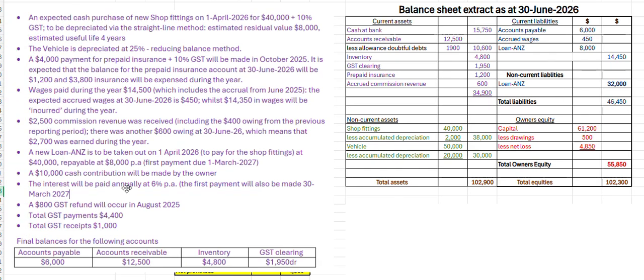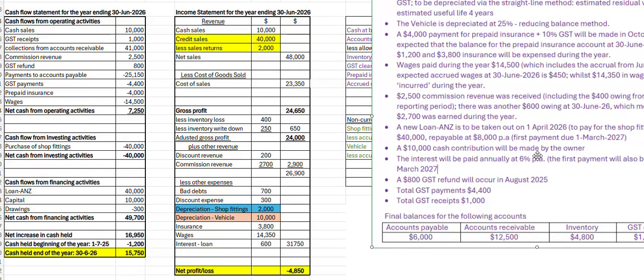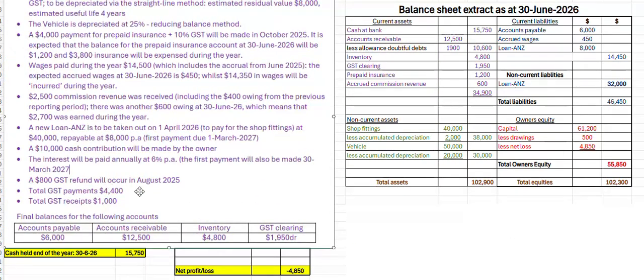We had an interest expense. We're not making the payment yet, but we did do an adjustment in our income statement for the amount that was accrued. So if you look in your income statement, we had interest on the loan 600. None of that was paid. So therefore, we have an obligation.